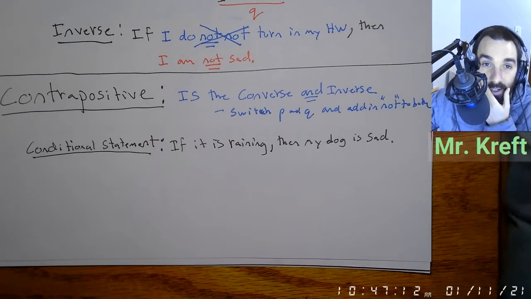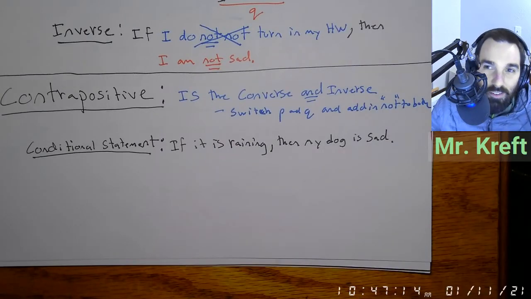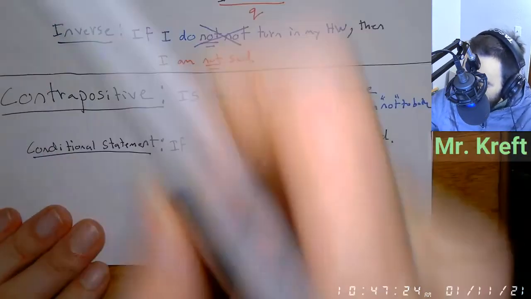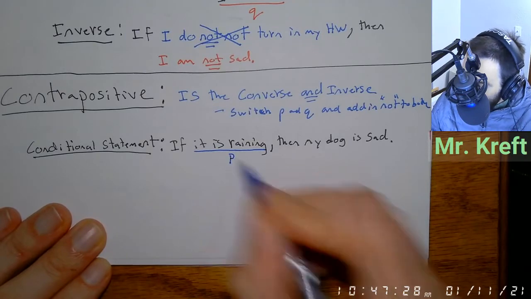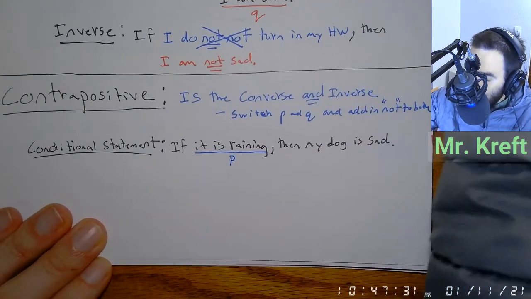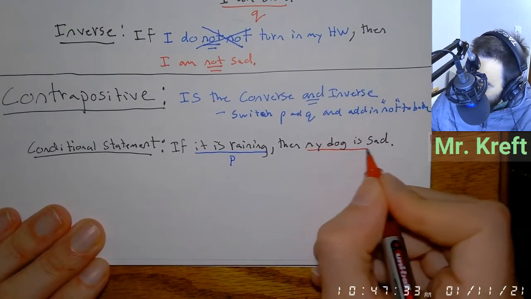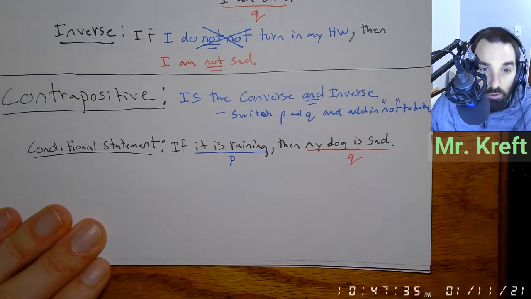Well, I also don't give my dog as long walks in the rain because maybe I don't like walking my dog in the rain as much either. Okay, so if it is raining, then my dog is sad. Again, it is raining is still going to be my hypothesis, and my dog is sad is going to be my conclusion.